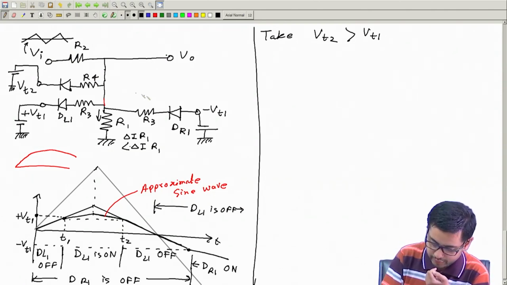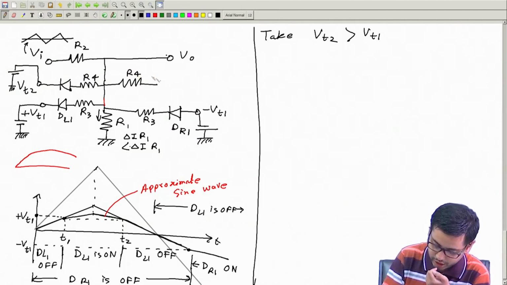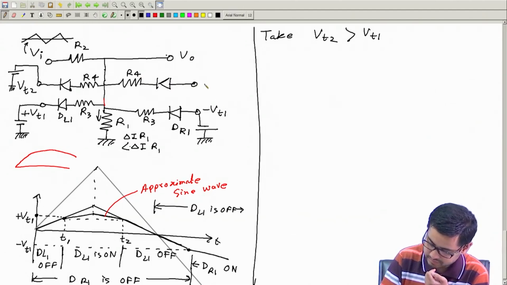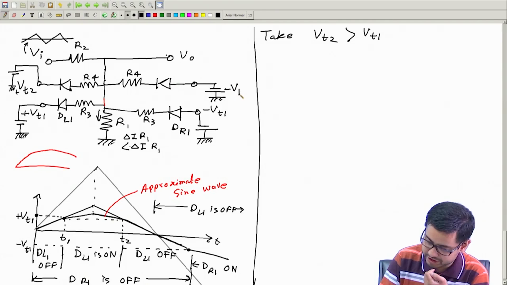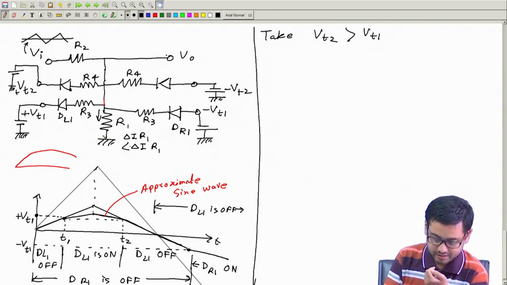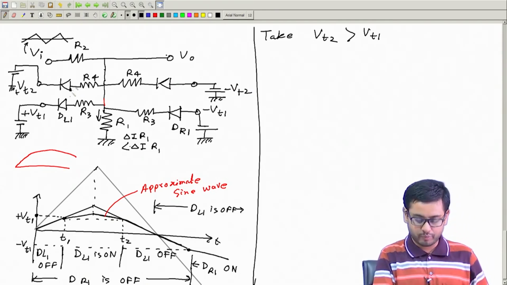And I will take another similar branch in the opposite direction. This will also be R4, diode, this is VT2 plus, so this I will take minus VT2, a symmetric arrangement, but with more branches.